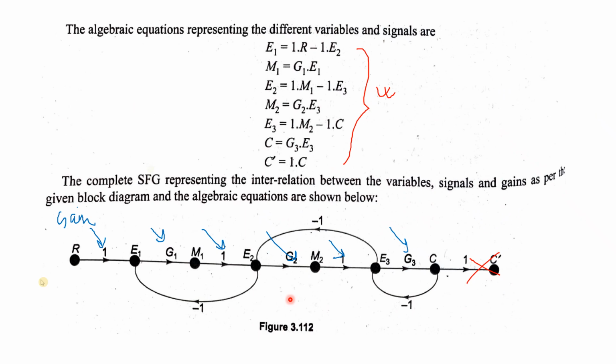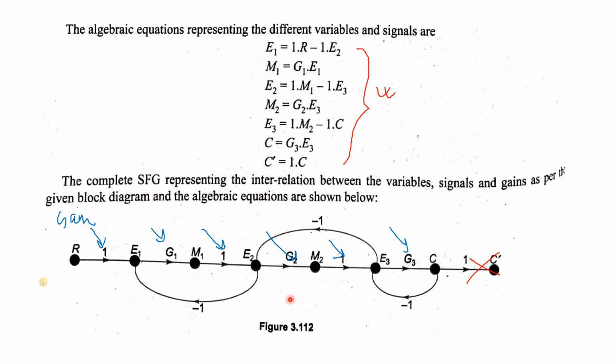You can just represent. So up till now we have learned how to represent a closed loop system which is represented using blocks and transfer function. We will replace them and represent in a signal flow graph. This we have learned.